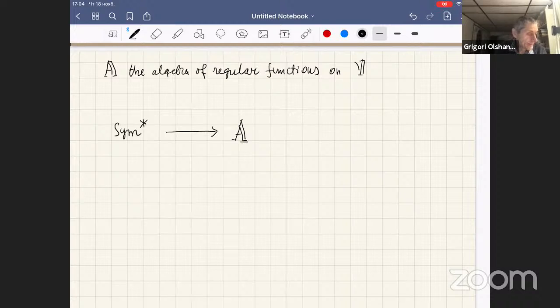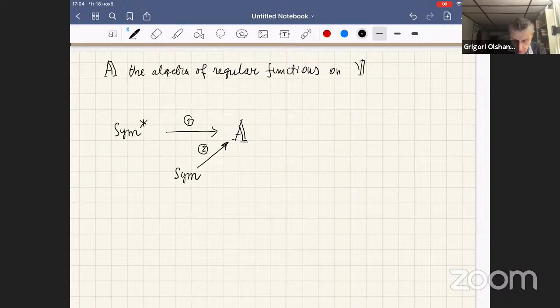So all of these arrows are algebra isomorphisms. So let's denote it symbolically by 1. And next, we also have some other isomorphism with the algebra of symmetric functions. Let's denote this arrow by 2.